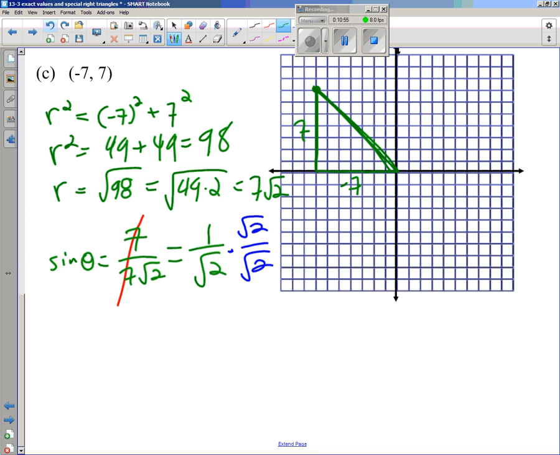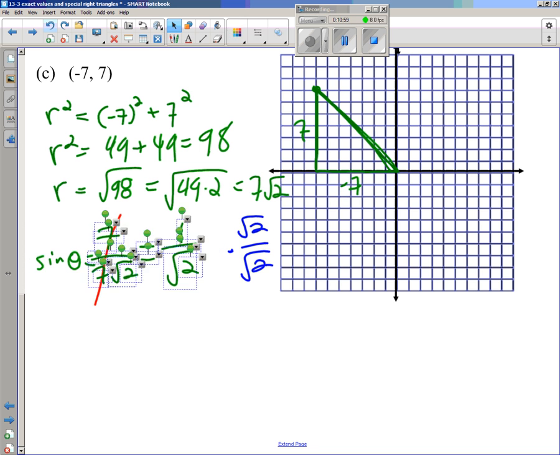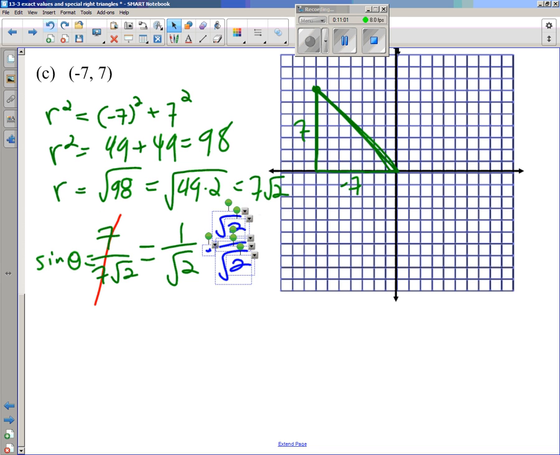We're running out of space, let me fix that. Isn't that special? That's a 135 degree angle. That's the same as a 135 degree angle, by the way, because that's what that is.